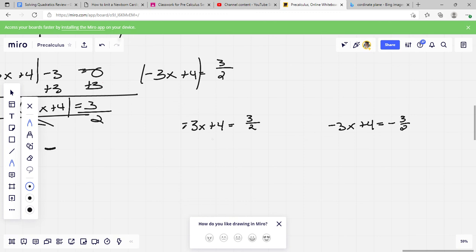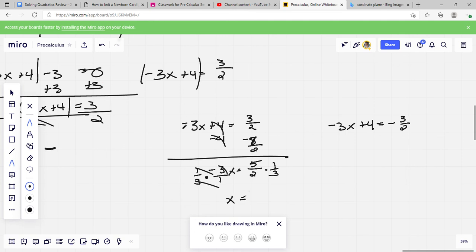Right here, first thing, subtract the 4. So that would be the same thing as 8 over 2, which would be 5 over 2. Negative 3x equals. And then if that was 3 over 1, I can flip and multiply. X equals 5 over 6.